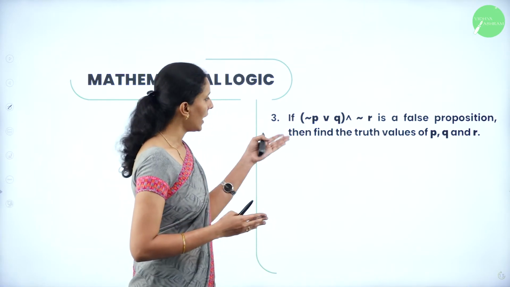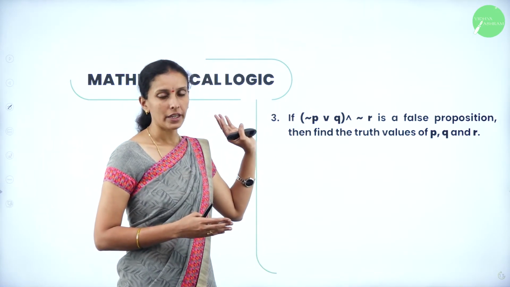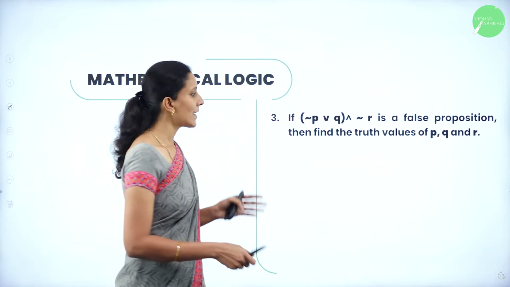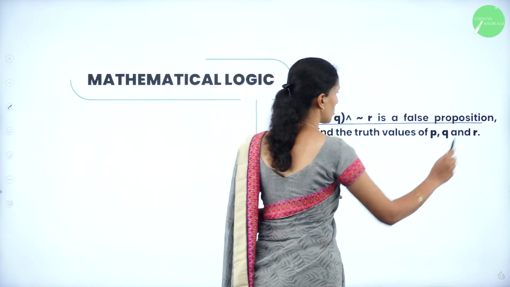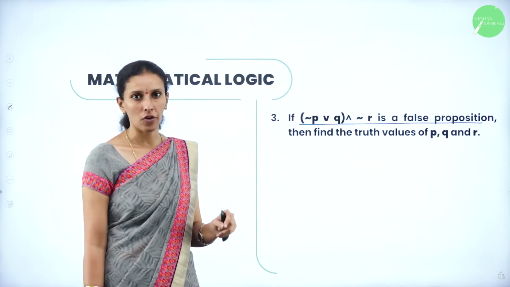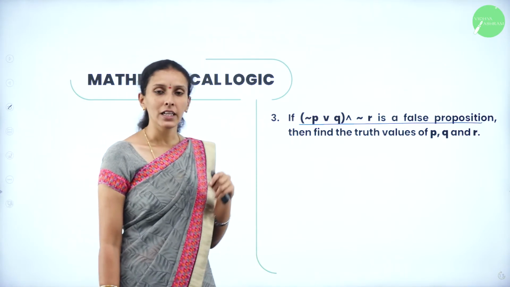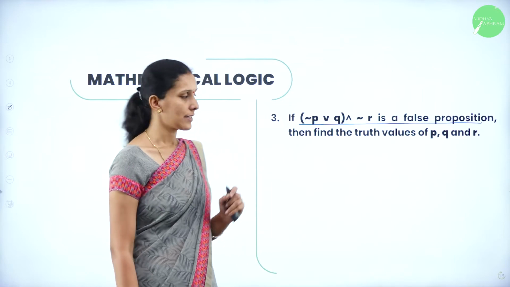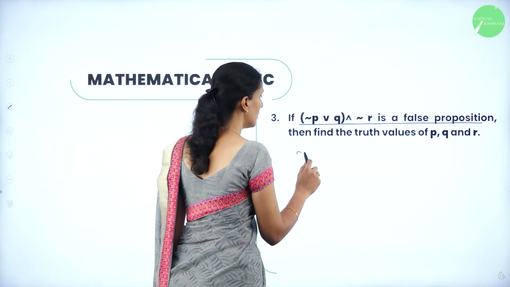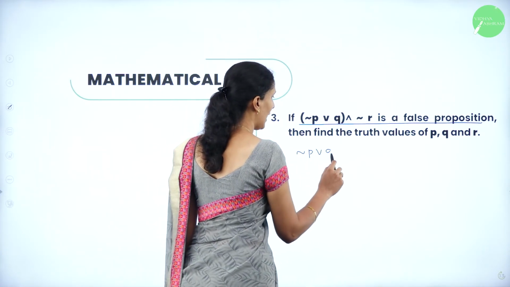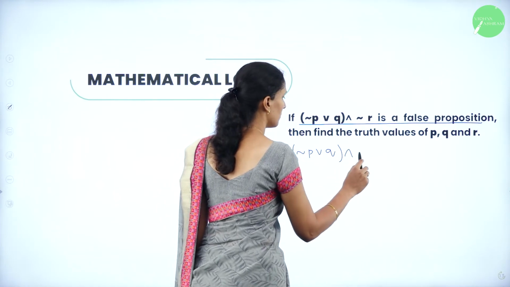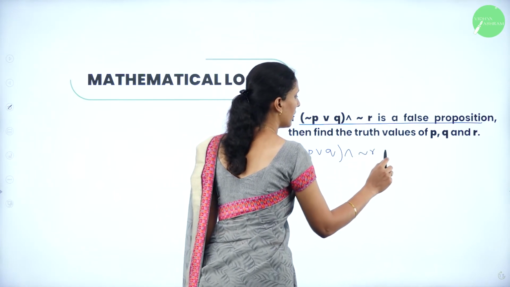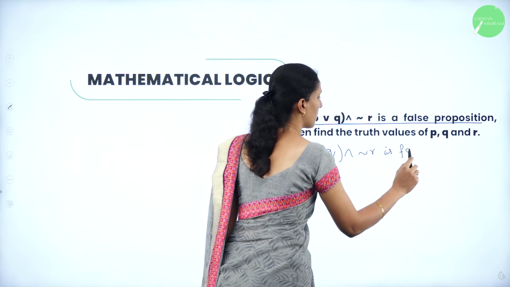Now here, they have given the logical connective between those three terms. They are saying it is a false proposition. The statement is false. Then what might be the values for P, Q and R? Let's see this now. So now they have given the statement like this, is false.